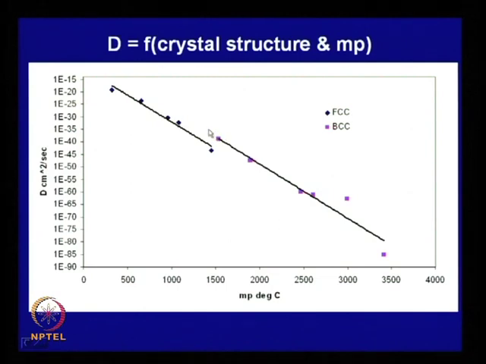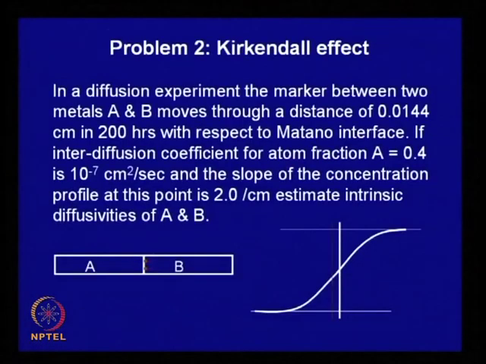If the same metal exists in two different crystal structures, you will find the self diffusion coefficient in BCC is higher than that in FCC. This is primarily because there is more open space in a body centered cubic lattice. So, these are the two conclusions which are quite important, and this often helps you to know about the diffusivity of metals where the data are not available.